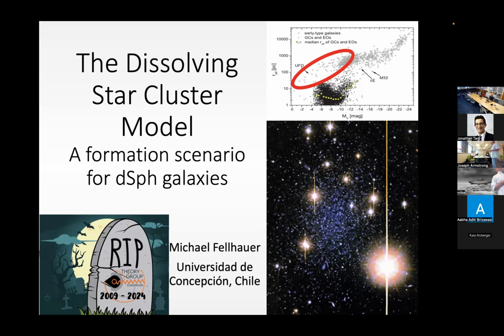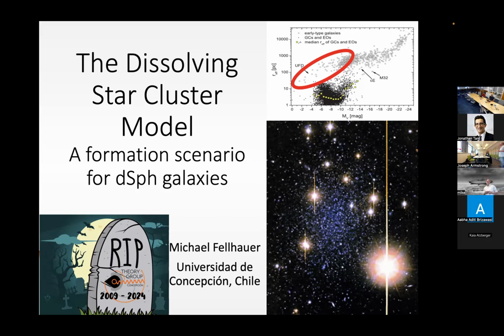We are talking on the faint end about 300 to 500 stars in a galaxy, that's Segue 1, up to maybe 10 to the 5 or several times 10 to the 5, but usually on the order of 10 to the 4 stars.